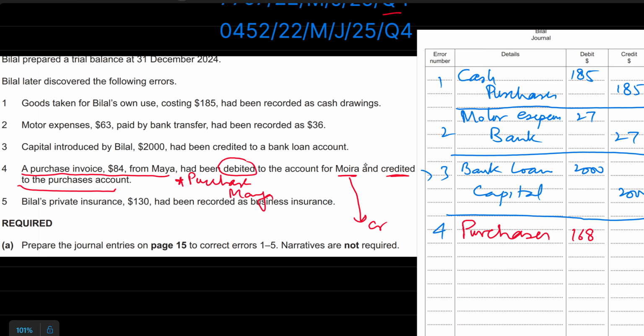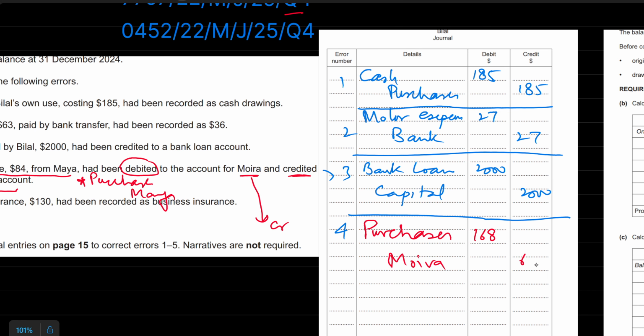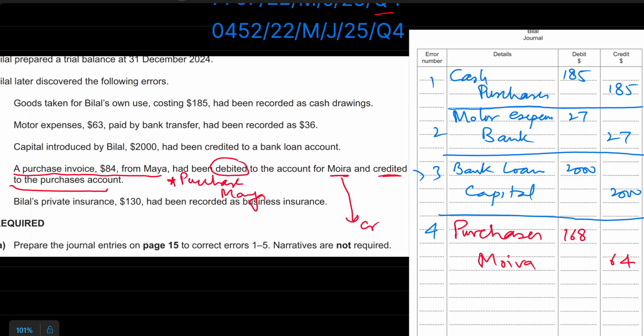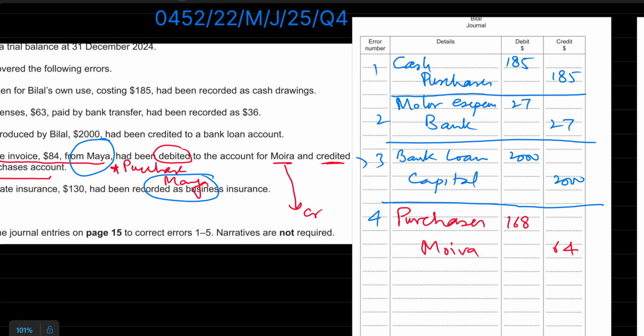And Moira was wrongly debited, so Moira will be credited. And originally, because goods were bought from Maya, we had to make a credit entry in Maya's account, which was omitted. So now in correction, Maya will be credited.